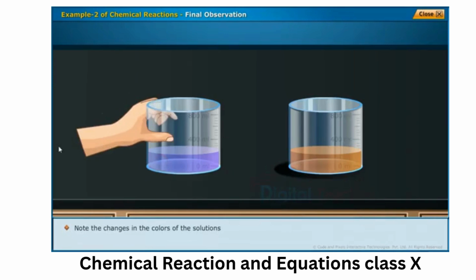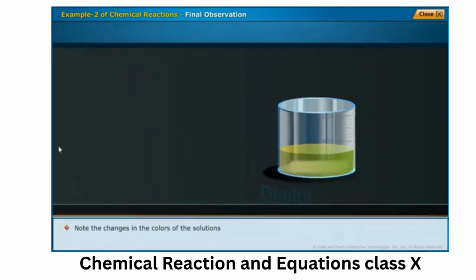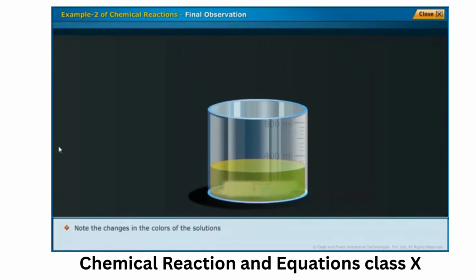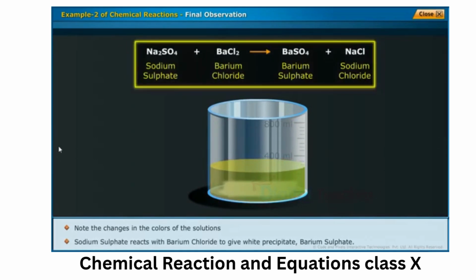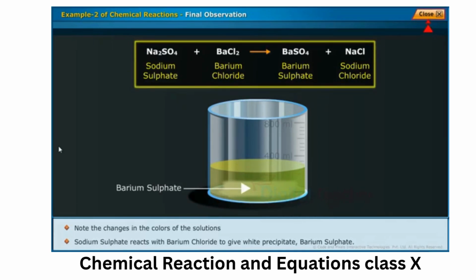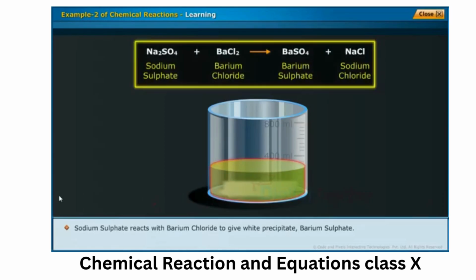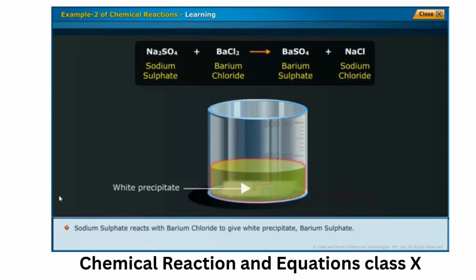Note the changes in the colors of the solution. Sodium sulfate reacts with barium chloride to give white precipitate barium sulfate.